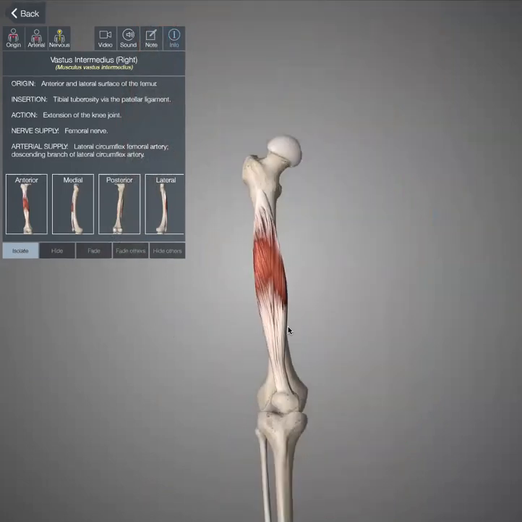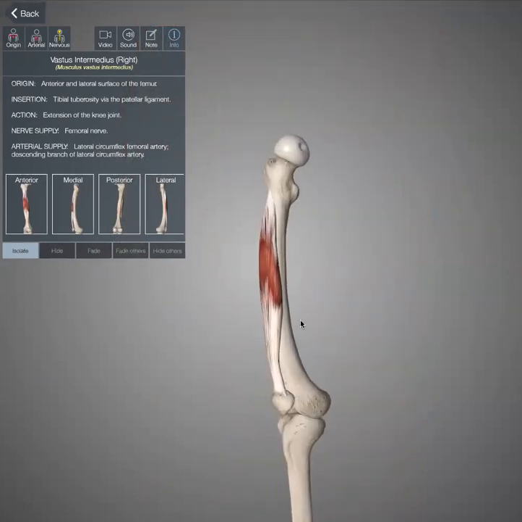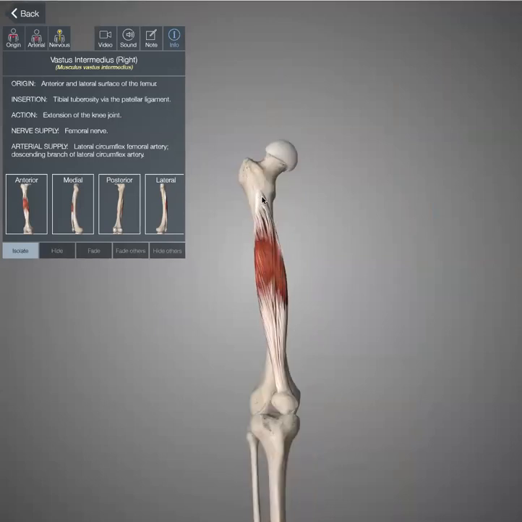The vastus intermedius, you can see that it has a proximal attachment on the anterior and lateral surface of the femoral shaft. Okay. And it also dives into the tendon that runs over the patella. Okay, always. Because the insertions for all of them are common.